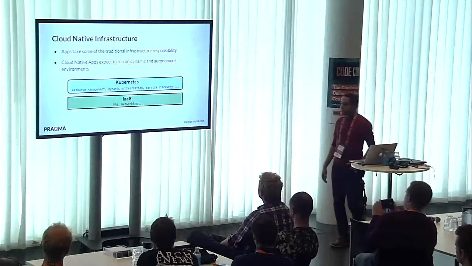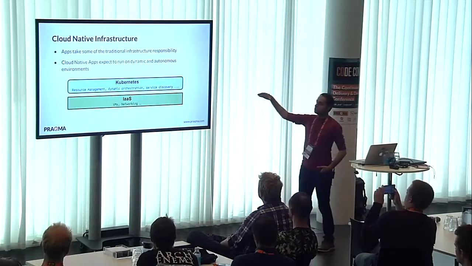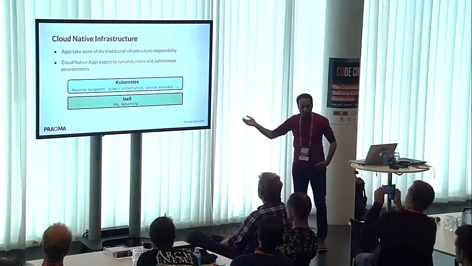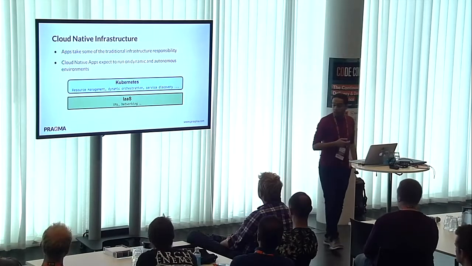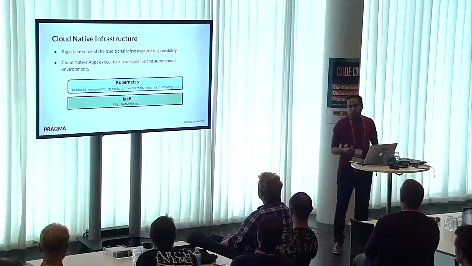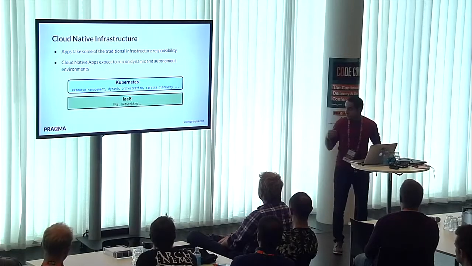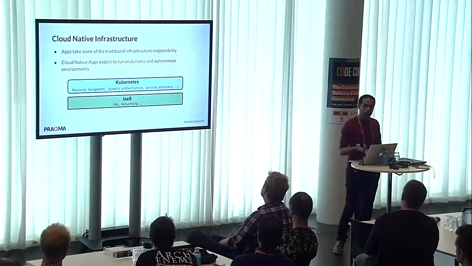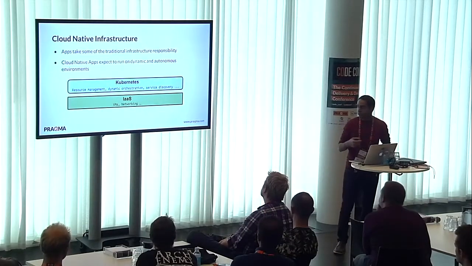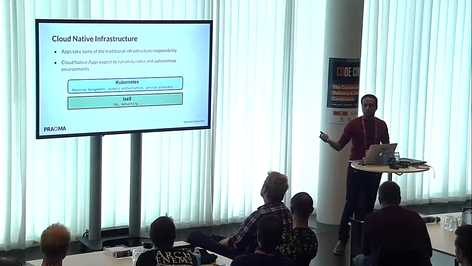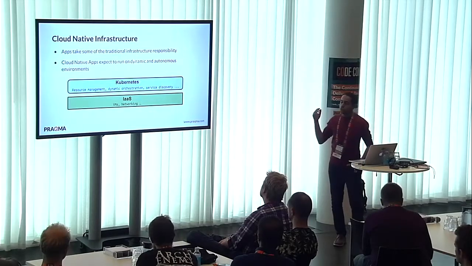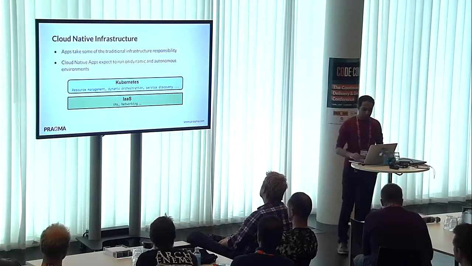It provides you with resource management, dynamic orchestration, and service discovery and other services, which allows the platform to actually make decisions. For example, if your application says, I am not alive, Kubernetes would try to restart it or bring it back to life again. Of course, if you are using Kubernetes, you can still use Kubernetes for non-cloud native applications. So it's not a direct link.